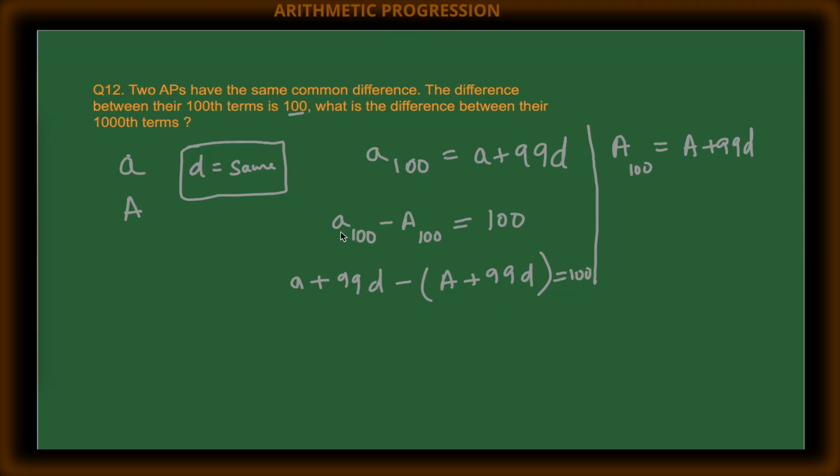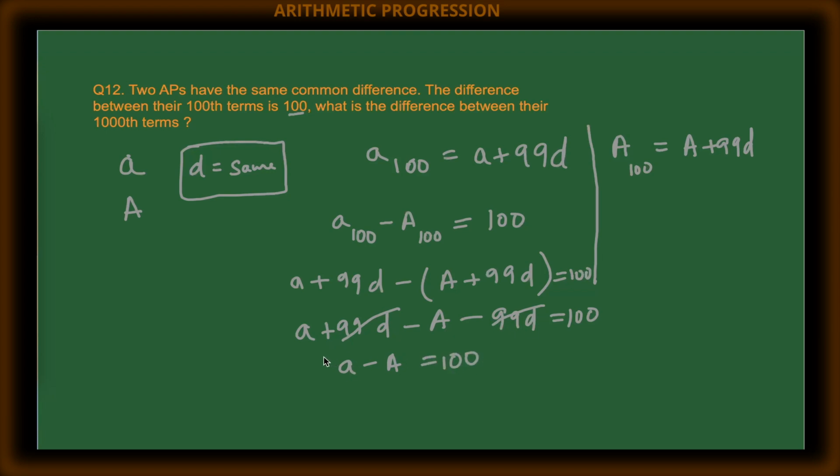Here we replace the value of a100 and capital A100 with a plus 99d and A plus 99D. Solving this: a plus 99d minus A minus 99D is equal to 100. Here minus 99D and plus 99d get cancelled, and what remains is a minus A, equal to 100.